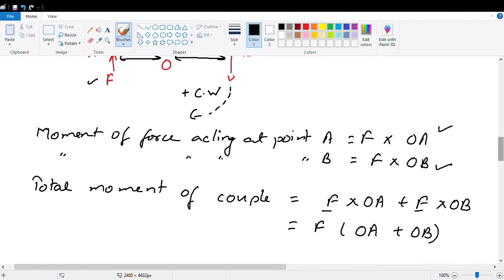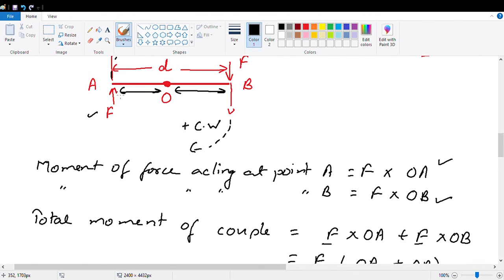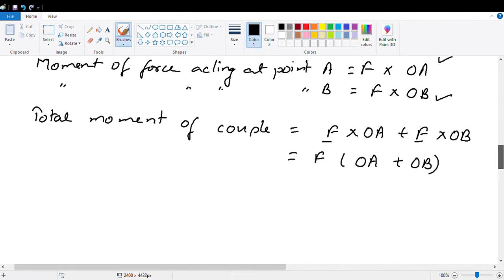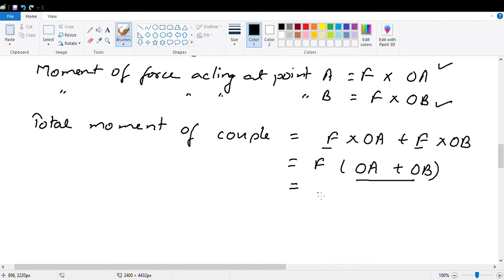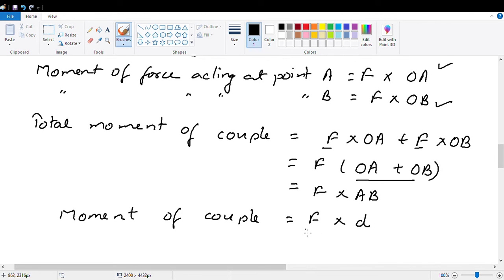Now what is basically OA plus OB? OA, this length, plus this length, is equal to AB, the length of the rod. So you can replace OA plus OB by the term AB, and here we have assumed the length of the rod as D. So we have got the formula for moment of couple as the force applied at one end multiplied by the total length of the rod, and both are acting in the clockwise direction.